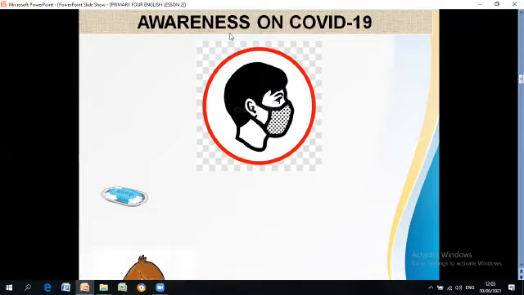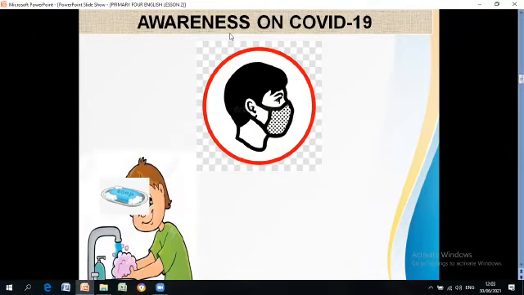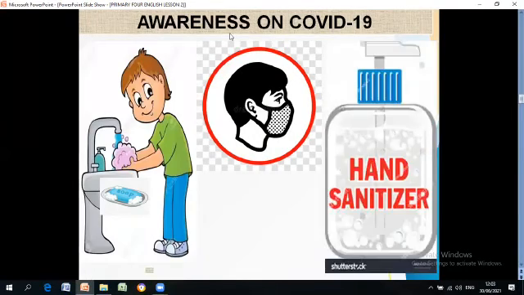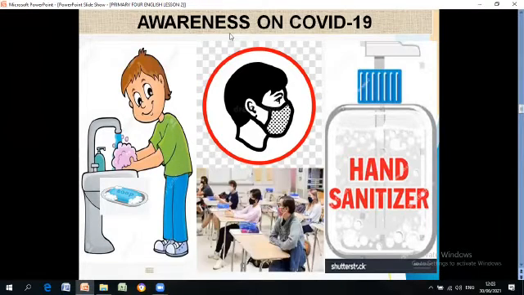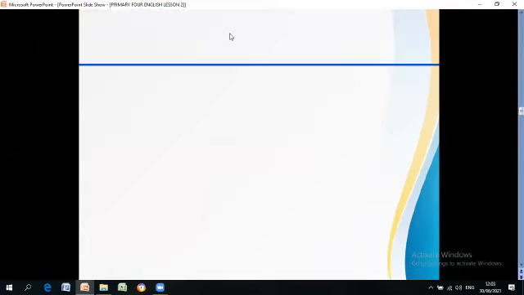We should not forget about sanitizing our hands whenever we get access to a sanitizer. And above all, we should observe social distance. Those are some of the things we should do to try to avoid contracting the COVID-19 disease.